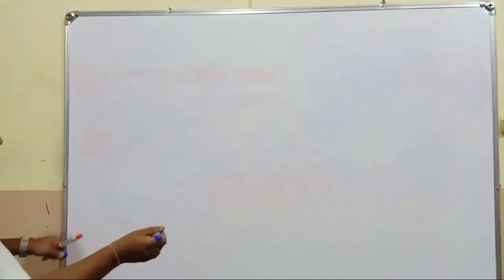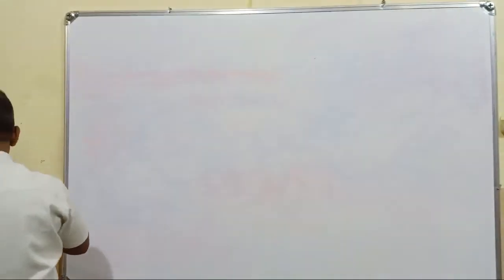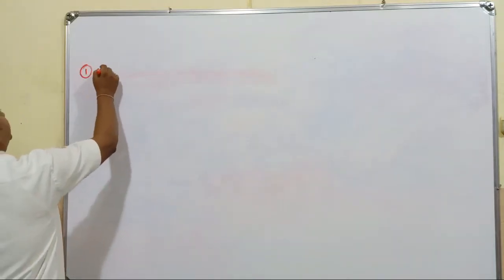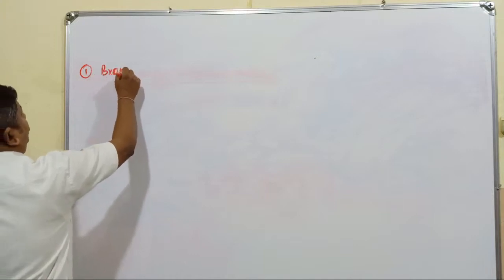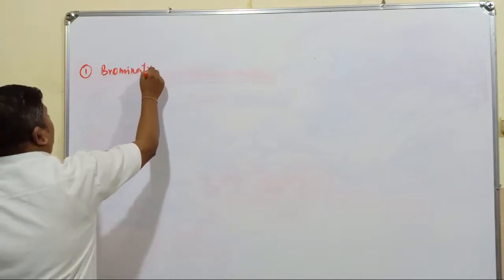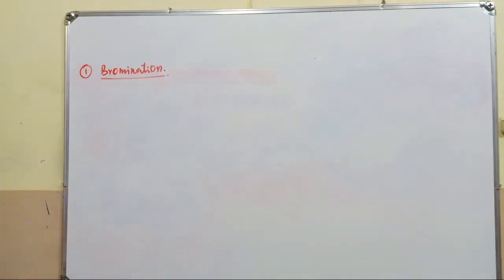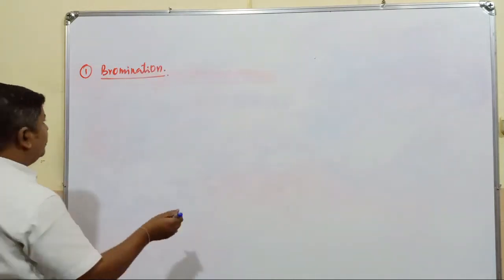In case of these reactions, the first reaction I will mention here is bromination. What happens in bromination? Two reactions are there in case of bromination. Two reactions, remember.